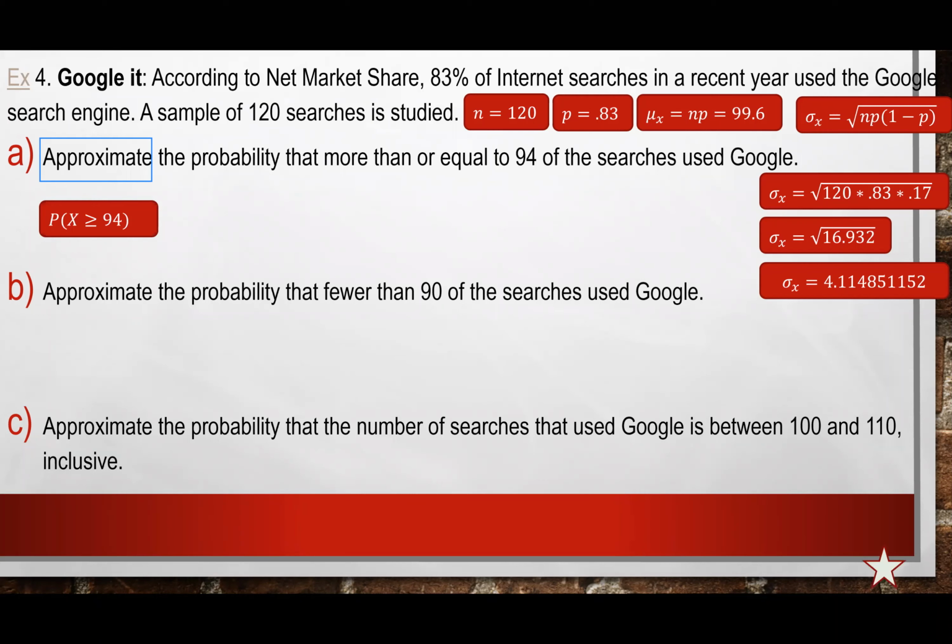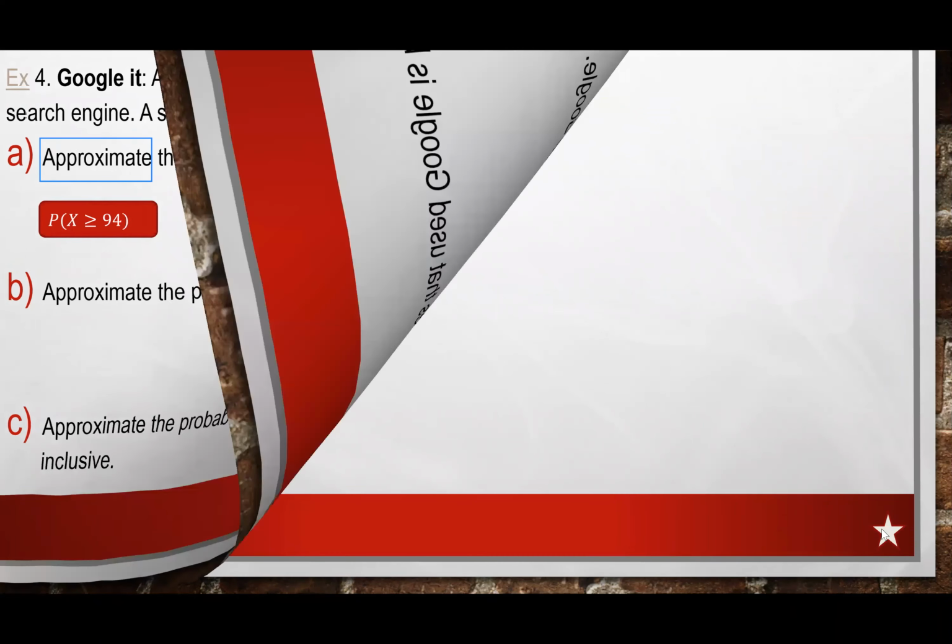Given this, if you remember yesterday and the day before, this is what we do. We know that it's more than 94. Let me sketch this here. My 94 is here. What side is more than 94? The side on the right.